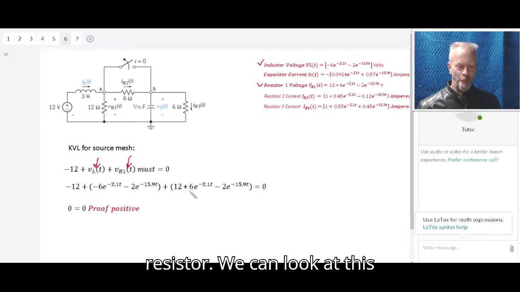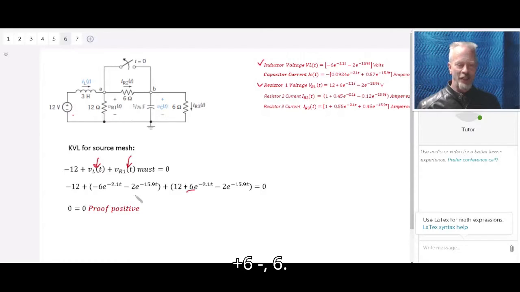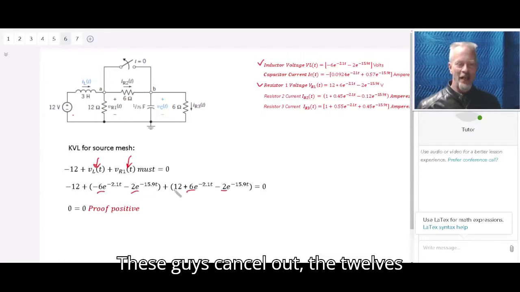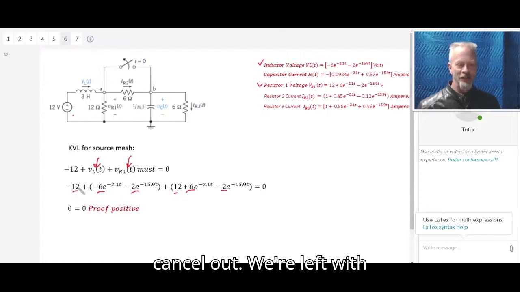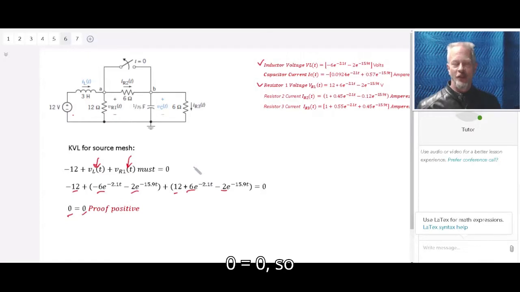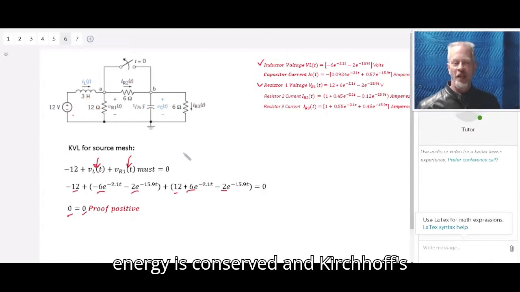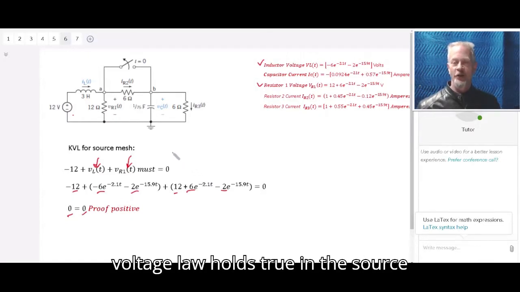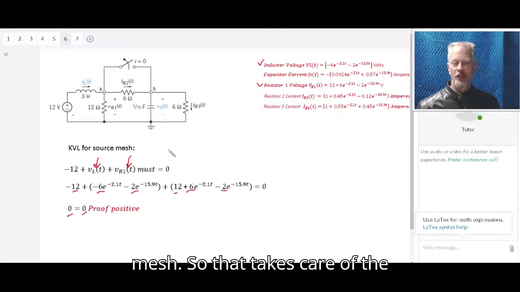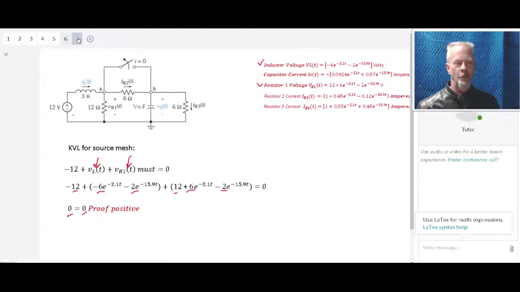We can look at this, and we can see that we've got plus 6, minus 6. These guys cancel out. The 12s cancel out. We're left with 0 equals 0. So energy is conserved, and Kirchhoff's voltage law holds true in the source mesh. So that takes care of the first part of the question.